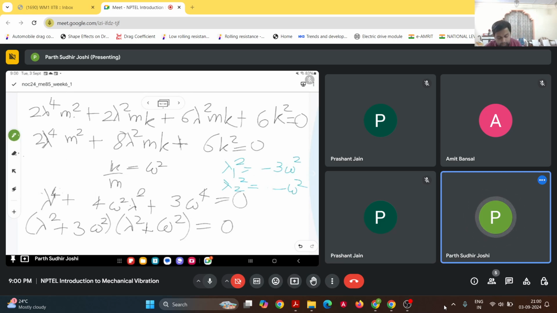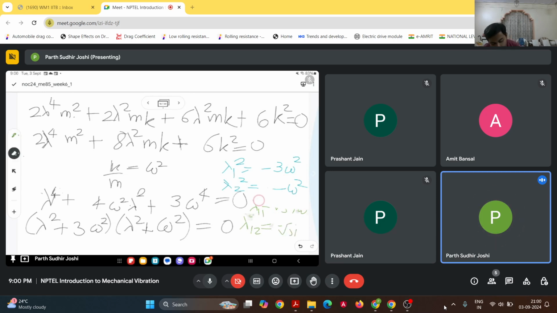So lambda 1 1 you can write as root 3 i omega, and lambda 1 2 is minus root 3 i omega.